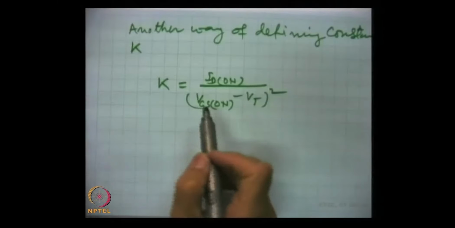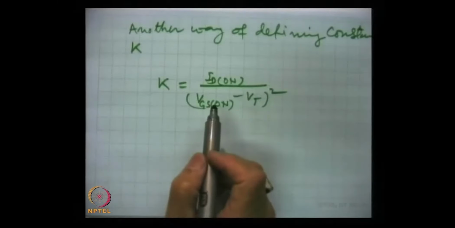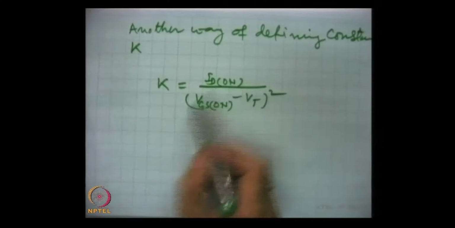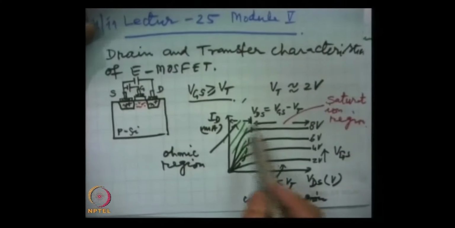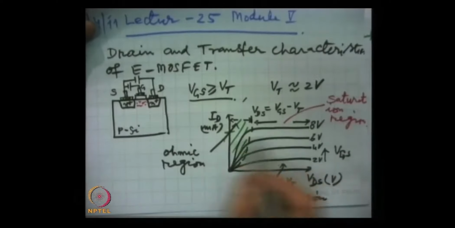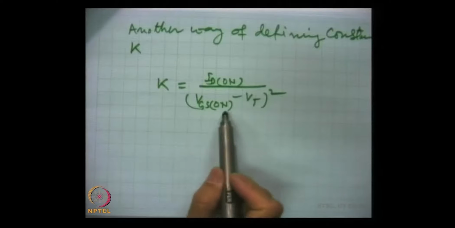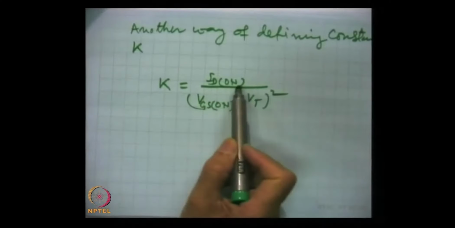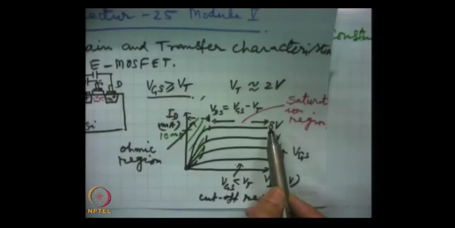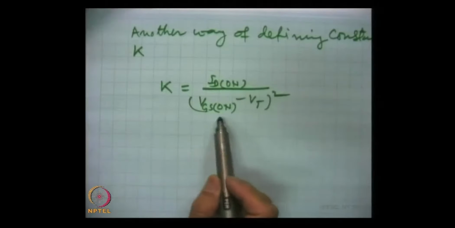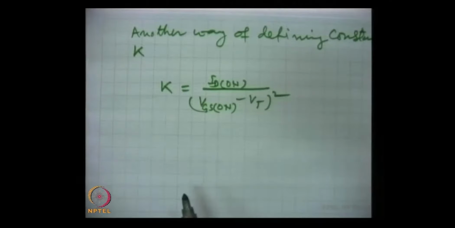These parameters can be obtained from the IV characteristics. For example, if this is around 10 milliamperes, then ID on becomes 10, and if this is for 8 volts, then VGS is 8 volts and this is VT.